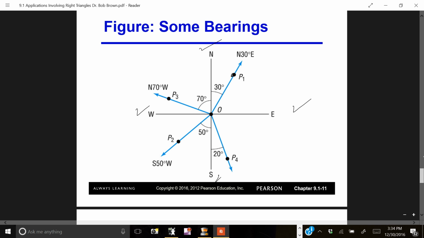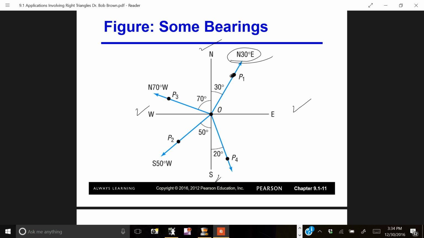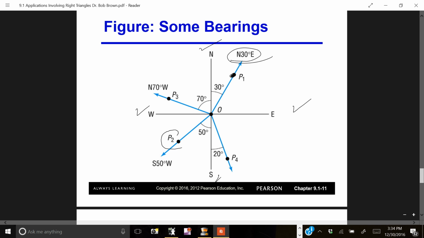Point 1, if it is 30 degrees towards the east from north, the bearing we would give it is north 30 degrees east, which means you're going to the north, but 30 degrees towards the east. Point P2, if it's 50 degrees away from due south, you would say you were south 50 degrees towards the west.